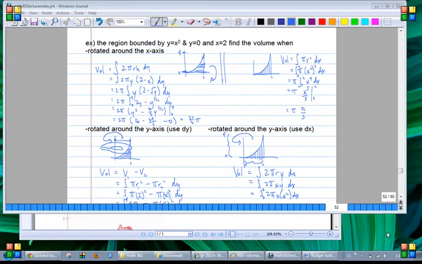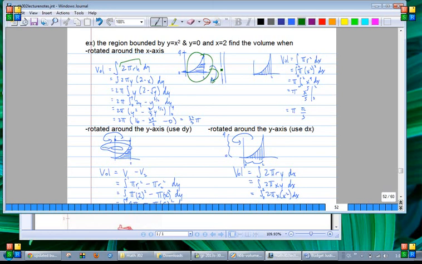As a last thing, let me clear up a mistake that I made in the first integral on this page. The proper way to do shells is to set up the integral with the area, and the area is really 2 pi r h. So to go back to this situation where the function is y squared, this is the region. With the rotation being around the x-axis, the radius is the y value.